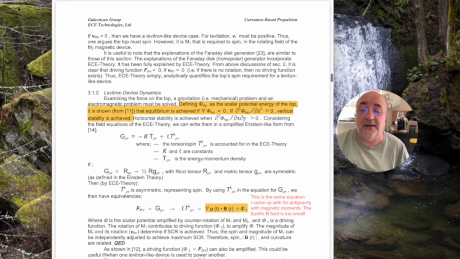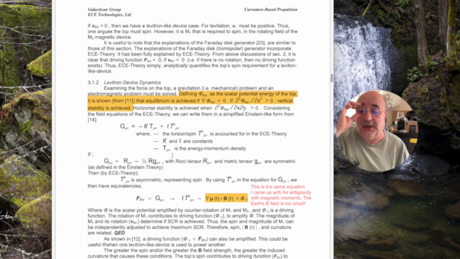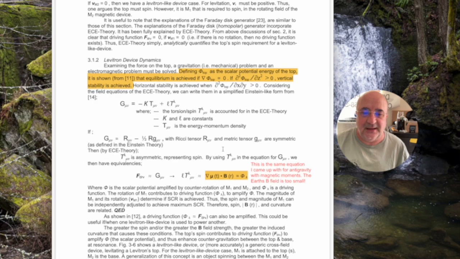stability. Now, out of the blue, he pulls out these equations that are Einstein-like in form. And these are probably coming from the ECE Theory paper, but there's nothing here that is involved. He's just saying that there is an equivalence between this and this electromagnetic equation, which has nothing to do with gravity.